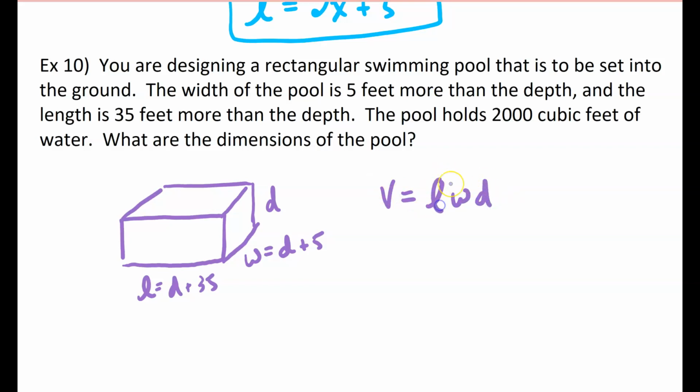Okay, there we go. So the volume is supposed to be 2,000 equal to D plus 35, D plus 5, times D. And again, what is our goal? What are we trying to find? D. Right now, D, because that's the only variable we have in there.